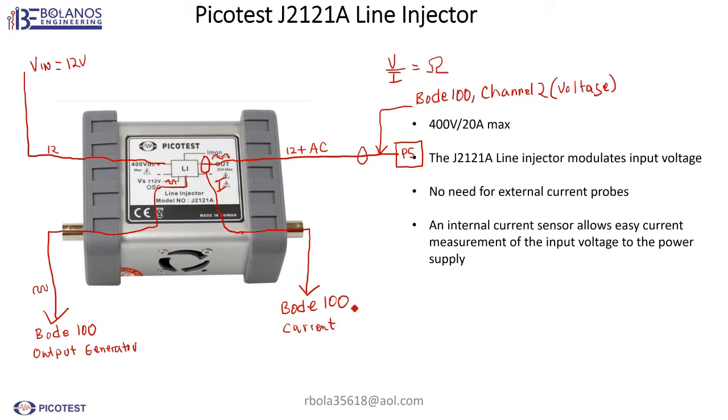Okay, and you're going to connect this to channel 1. Okay, so basically you make your voltage measurement and you make your current measurement, and then the Bode does a calculation, and then it'll display it basically, like I said, in ohms. Okay, so that's the way the J2121 works.